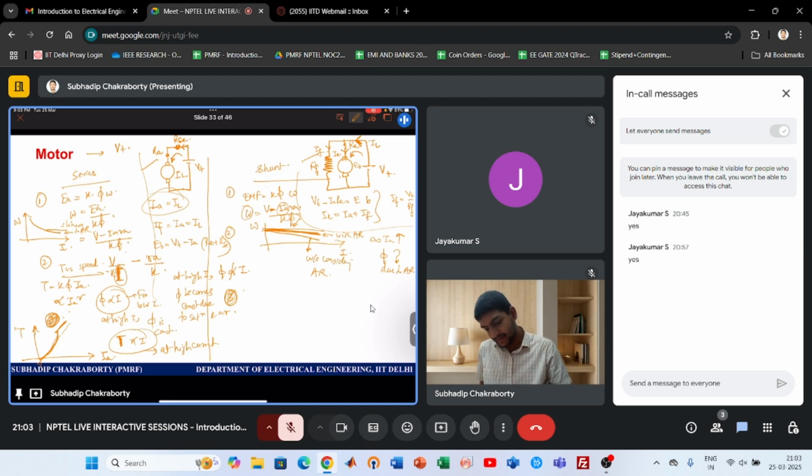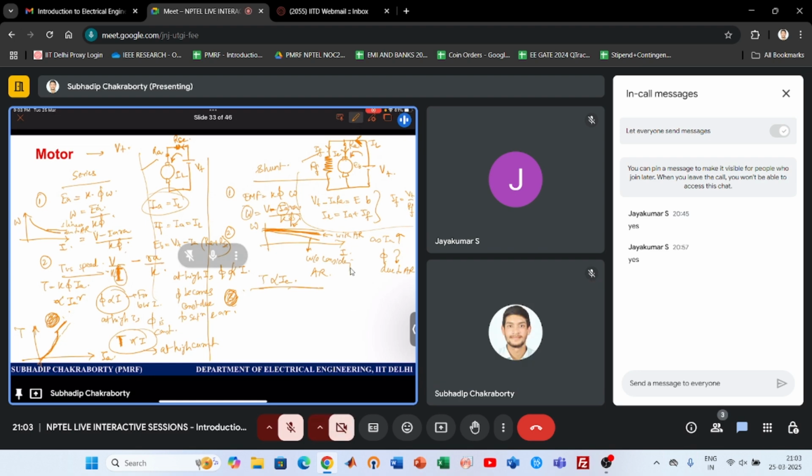And then similarly, what is your torque versus IA? To derive the torque expression, torque is equal to K phi into IA. And here your flux is almost constant.